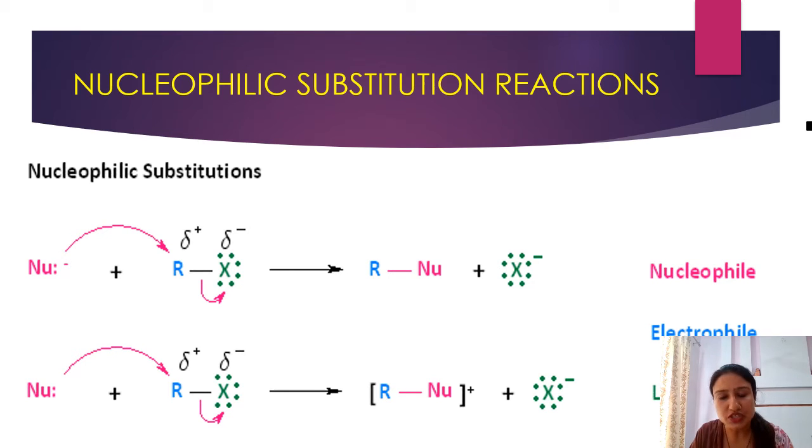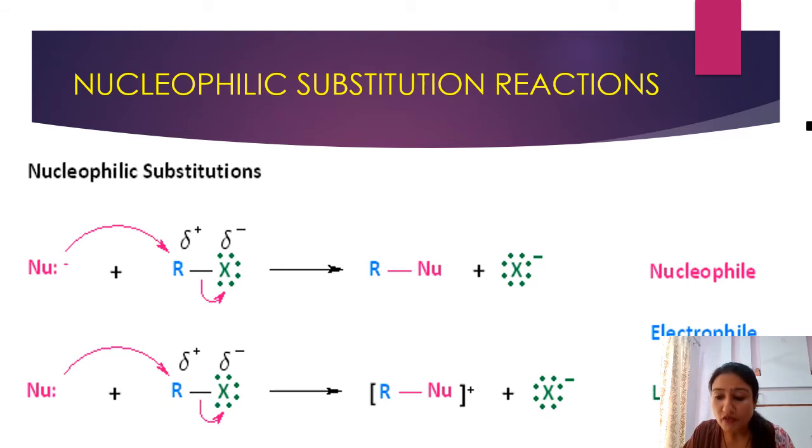A substitution reaction takes place and the halogen, called the leaving group, departs as a halide ion. Since the substitution reaction is initiated by a nucleophile, it is called a nucleophilic substitution reaction.